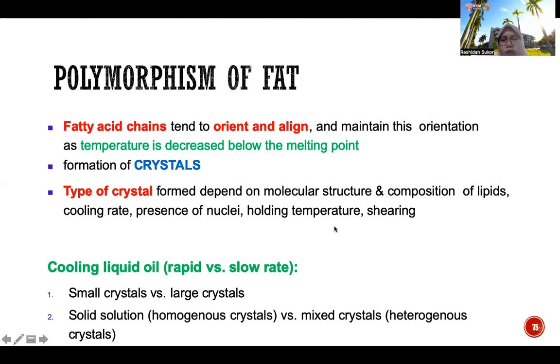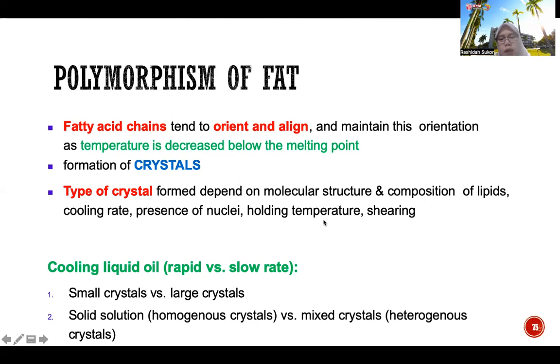Holding temperature: some fats, when they change formation, will be held at a certain temperature for a certain period of time. So we have to see what holding temperature is being used, and that also can form a crystal during that holding time.